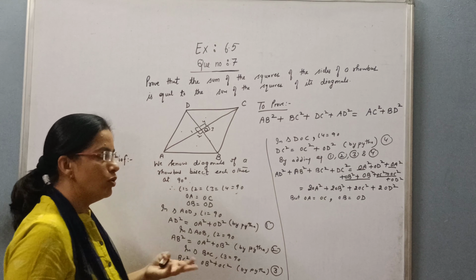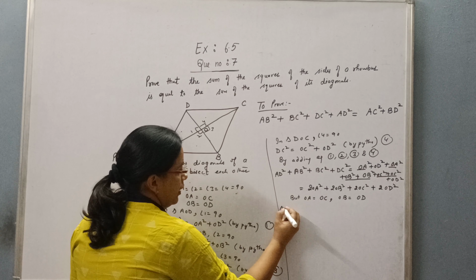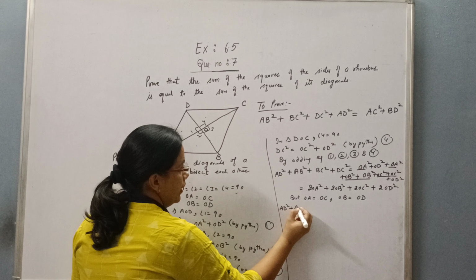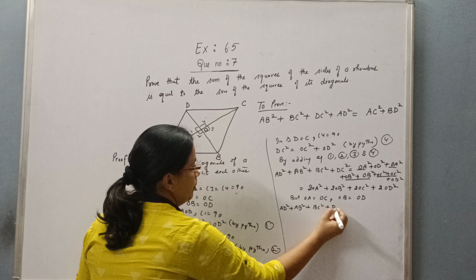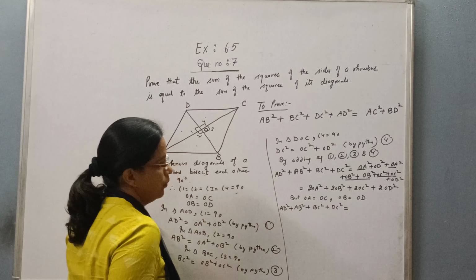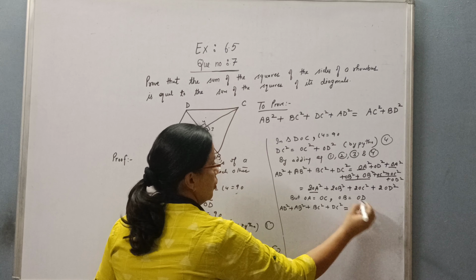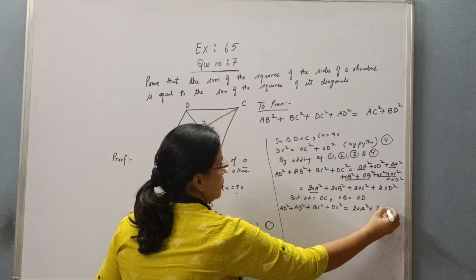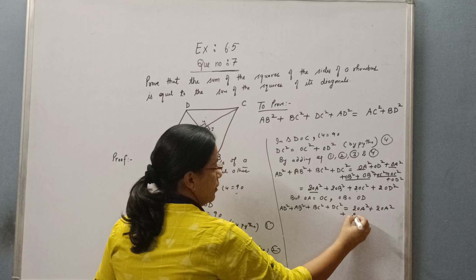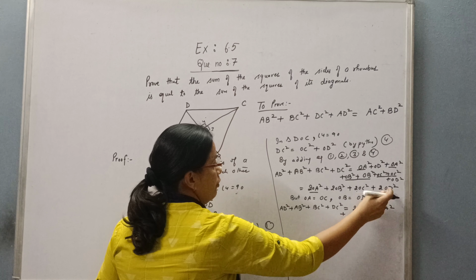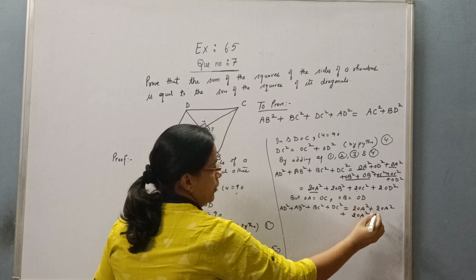So we can replace OC by OA. So it becomes AD square plus AB square plus BC square plus DC square is equal to 2 OA square, 2 OB square, and now we replace OC square by OA square, and similarly OD square by OB square.